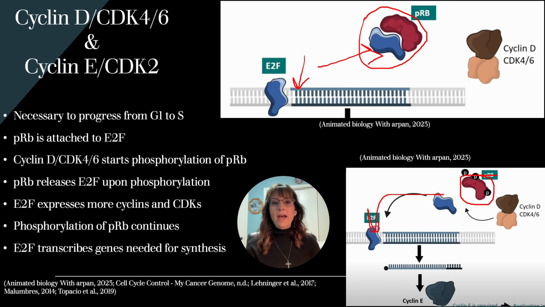Interestingly, when that happens, the E2F will signal to express cyclin E and cyclin A and CDKs 1 and 2. And then those will go on and continue to phosphorylate the pRB so that E2F can go on and do its job. The cyclin E CDK2 is also what creates this replication bubble in synthesis.